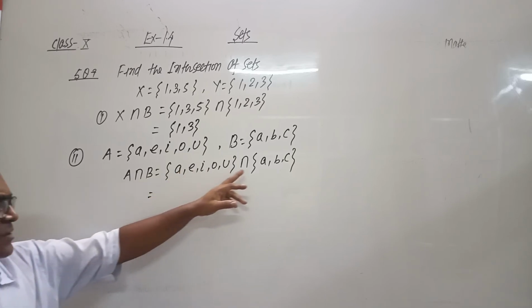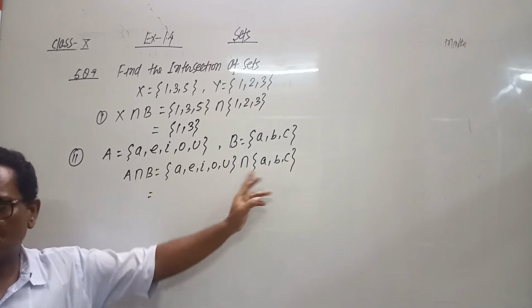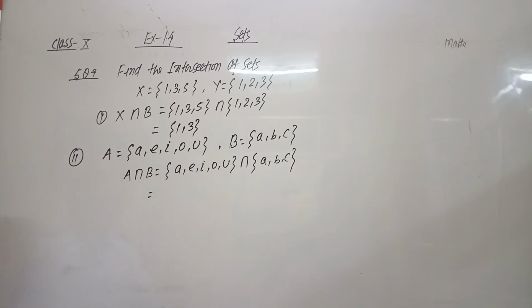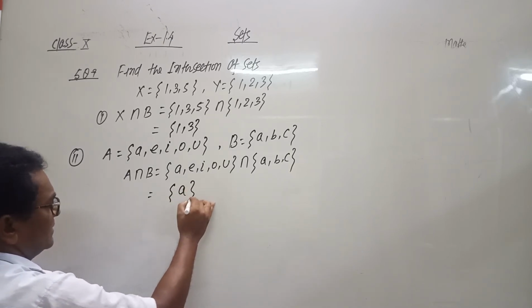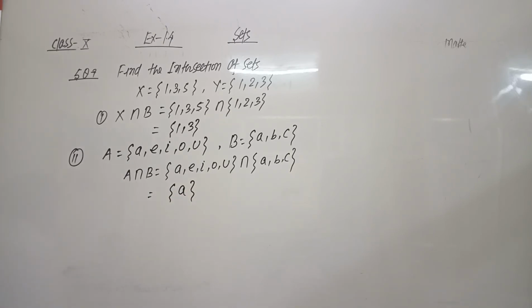So A is the common. Only A is common in both the sets. So the result will be A. A intersection B is A.